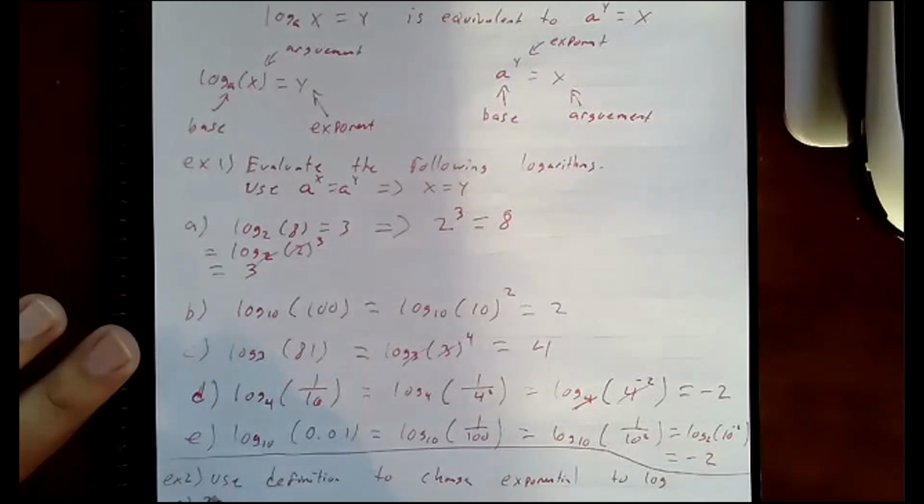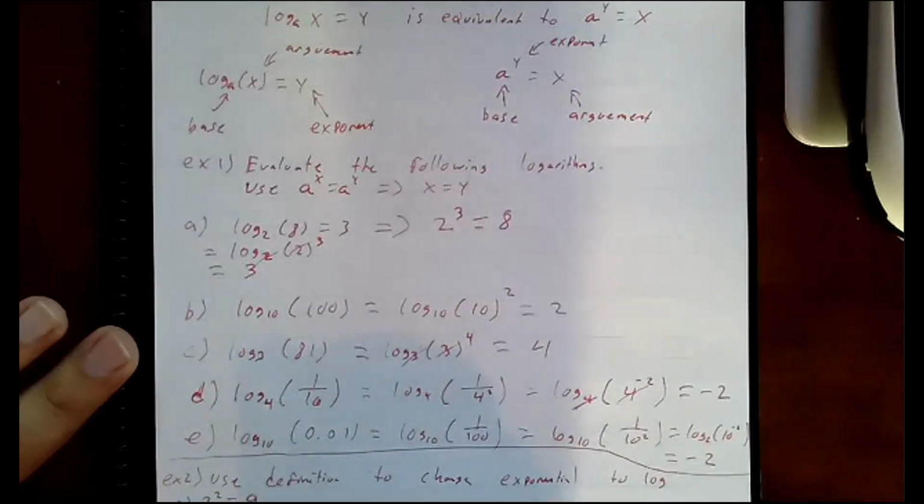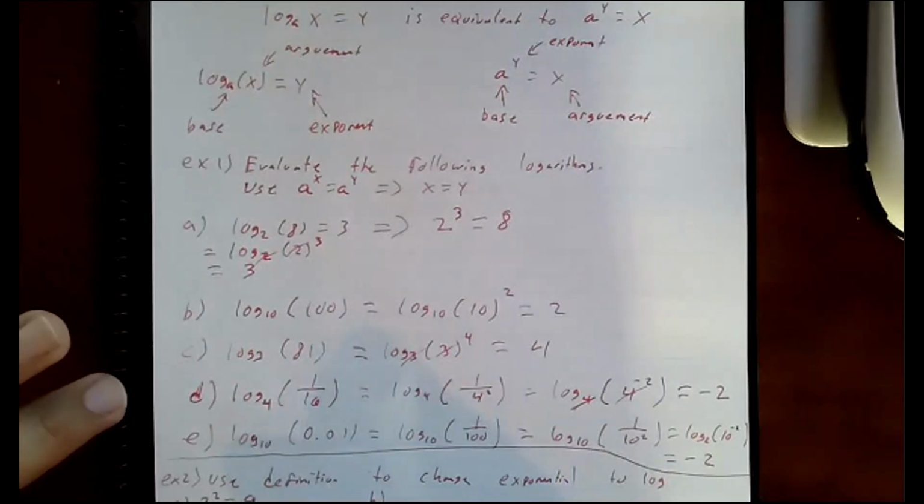So 3 squared is equal to 9. The log form would be, right, this is the base, so that's going to be log base 3 of the argument x, and the power to be equal to 2. Okay? So in the homework, I'll just have you convert it.